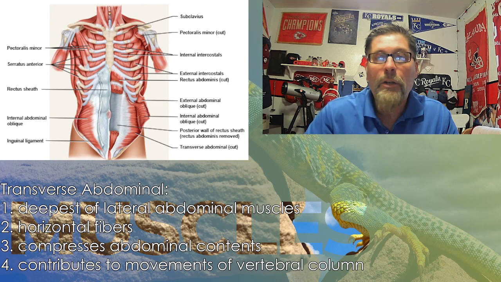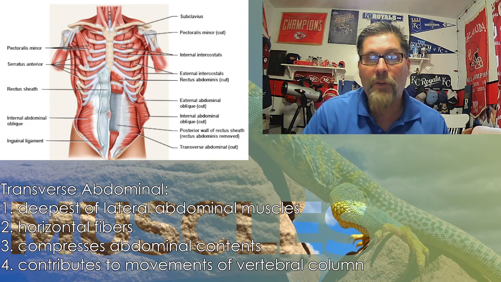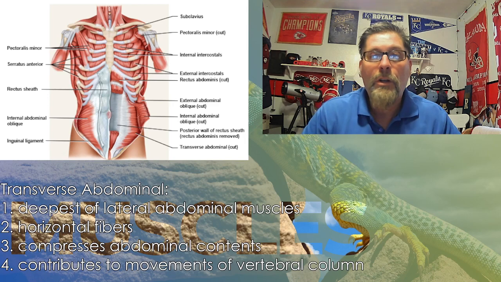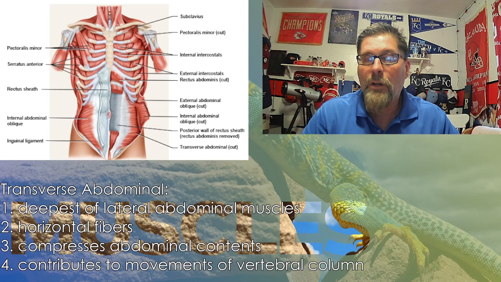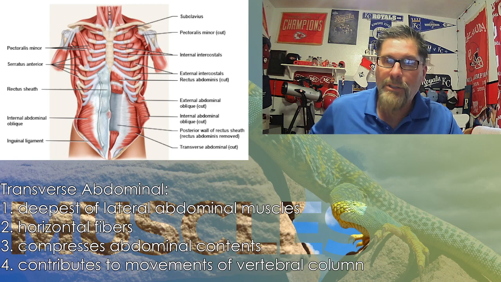The third layer, the transverse. You can see the transverse on the diagram. The internal and external have been pulled back, and the transverse is that next layer that's got a lot of cartilage or connective tissue attached to it to anchor it down. It leads more over to the sides.